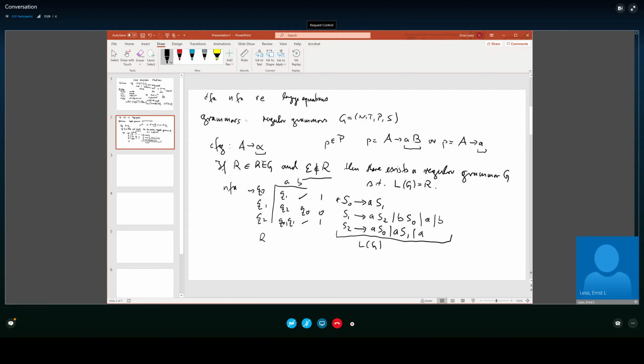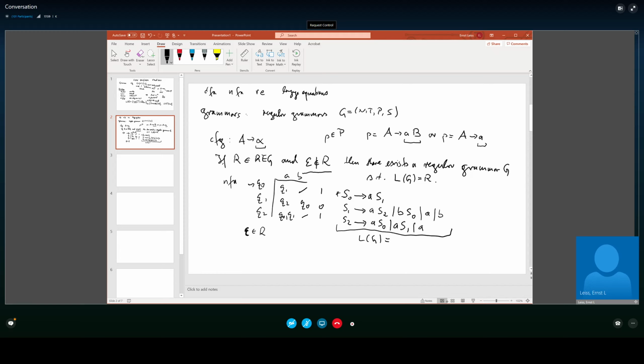The language defined by that non-deterministic finite automaton has the initial state Q0 accepting, which means that epsilon is in R. Now, we can't do that in the regular grammar because there is no way to generate epsilon. So what we can see then is that this is exactly R minus epsilon. So we generate everything except the epsilon.